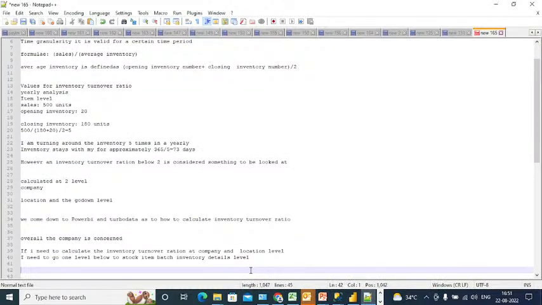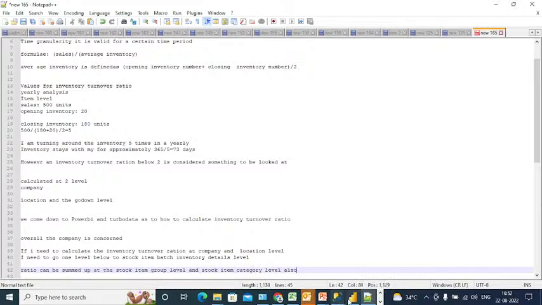Similarly, this same ratio can be summed up at the stock item group level and stock item category level also.